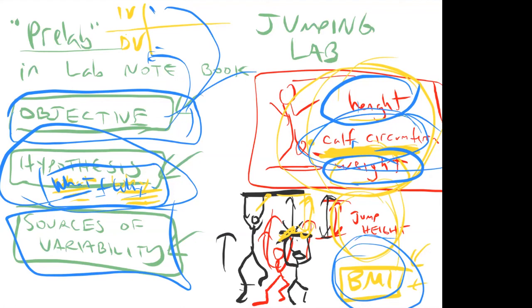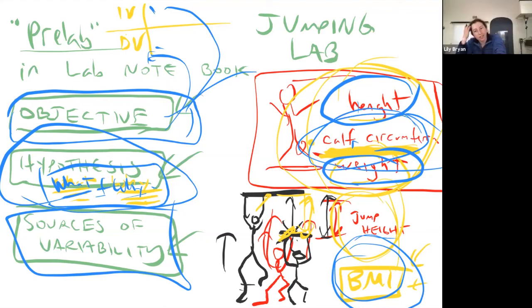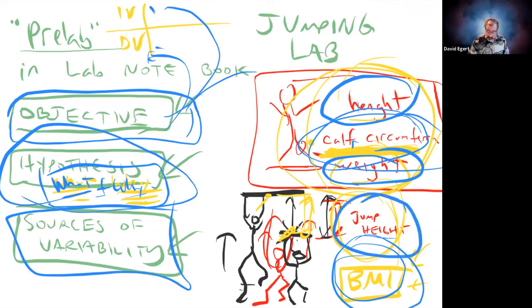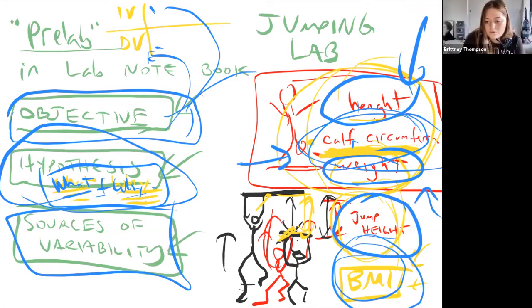Well, we talked about if they're wearing shoes, but you said they're not wearing shoes, right? Types of shoes could be a problem, and that's why we're going to make sure that nobody's wearing shoes. What are other sources of variability? Current injuries? Yeah, that could be a big problem. What are other things that could affect their jump height? Their form.